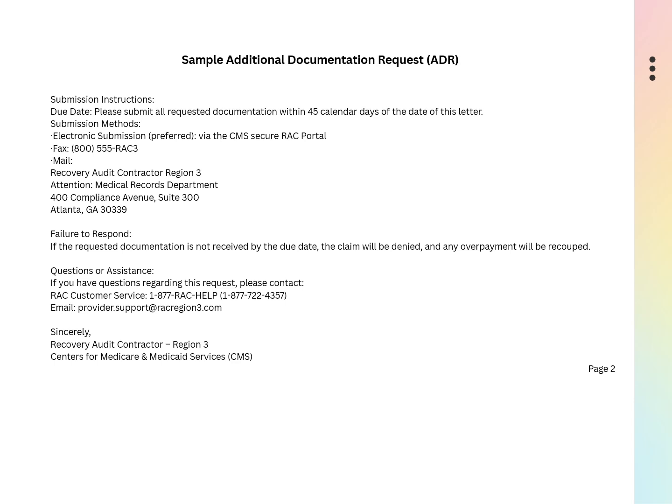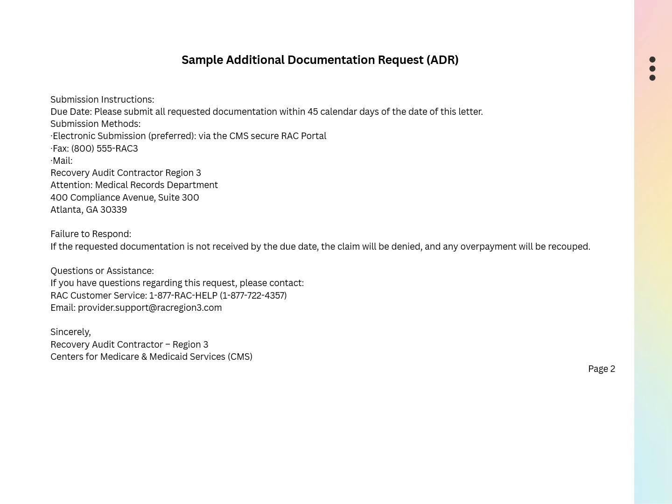Submission instructions. Due date. Please submit all requested documentation within 45 calendar days of the date of this letter. Submission methods. 1. Electronic submission, preferred via the CMS Secure RAC portal. 2. Fax, 800. 3. Mail.